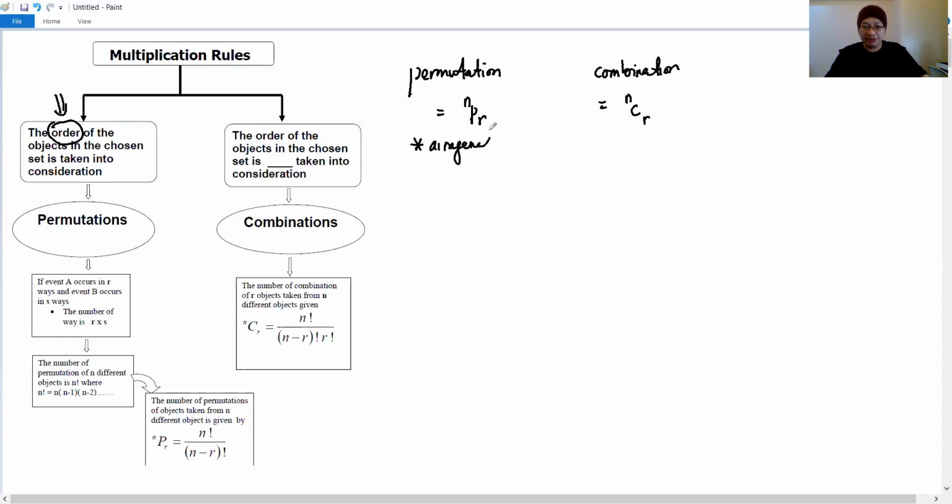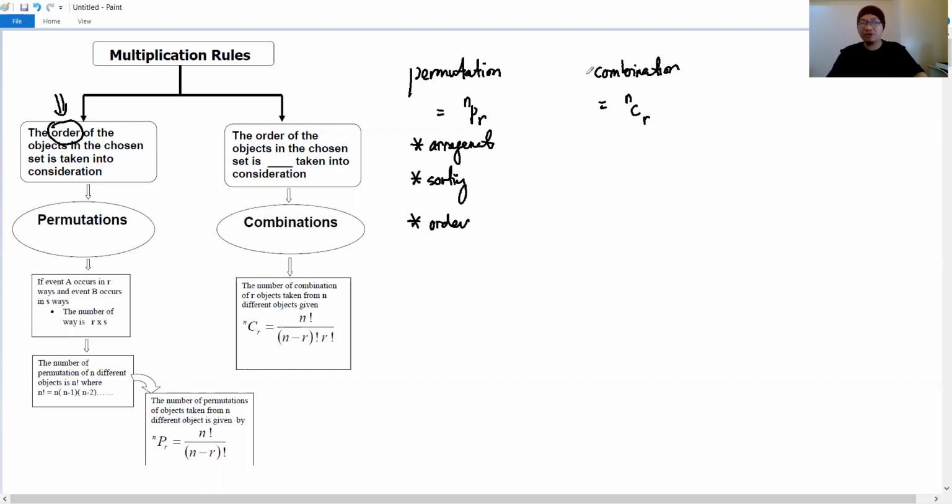The keyword arrangement, another keyword is sorting, also very important for permutation. And number 3, order. Order is similar in meaning to arrangement and sorting. So that is for permutation.